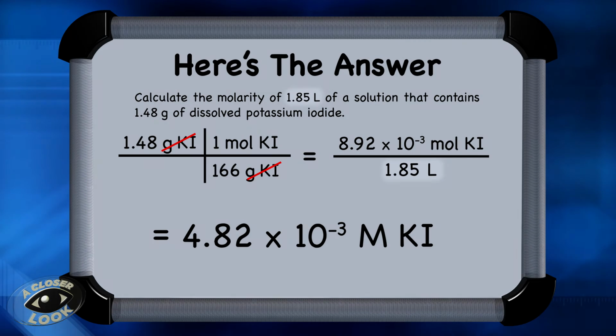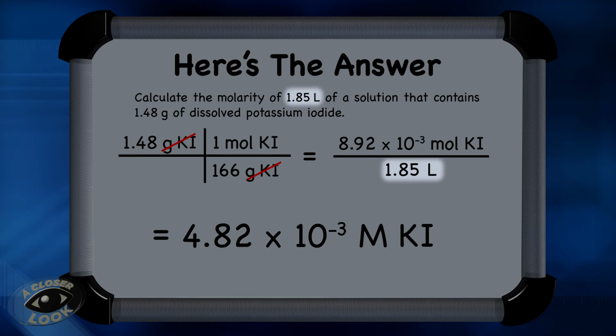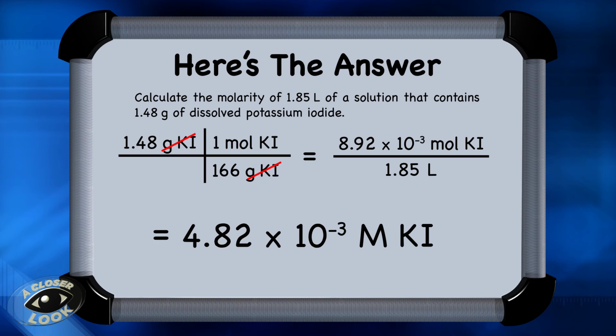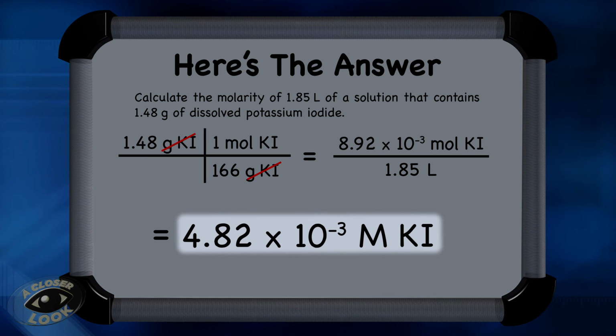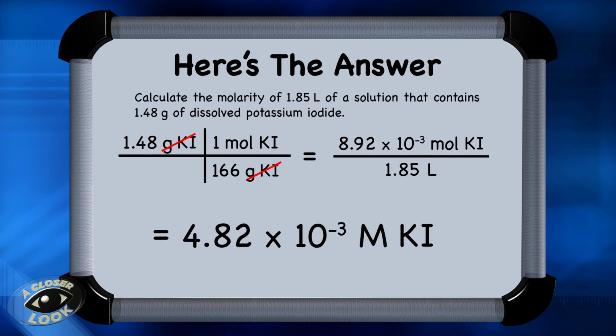Since the question already gave us the volume of the solution in liters, all that was left to do was to take the moles of potassium iodide and divide that by the volume of the solution, which was 1.85 liters. When we divided those two numbers, we got 4.82 times 10 to the negative third, and that's the molarity of the solution.